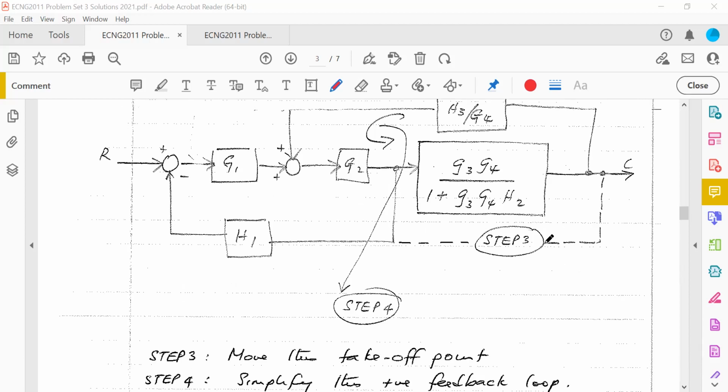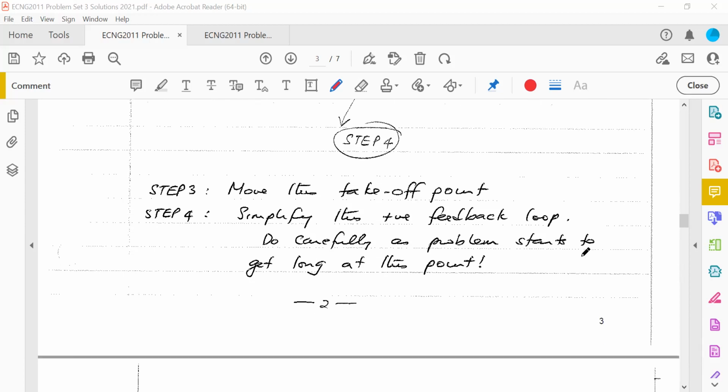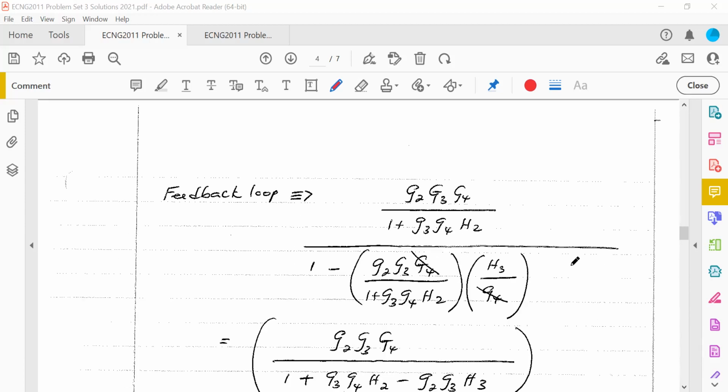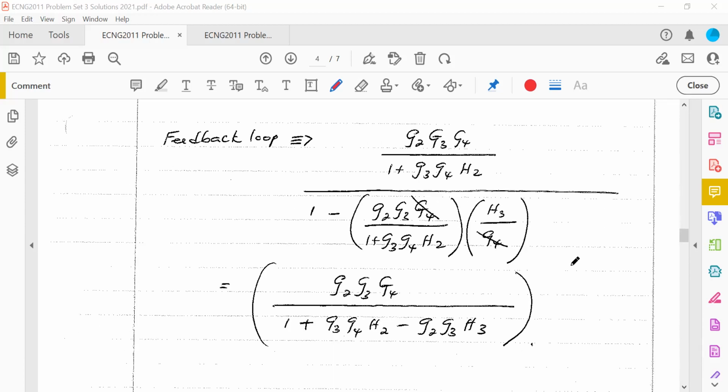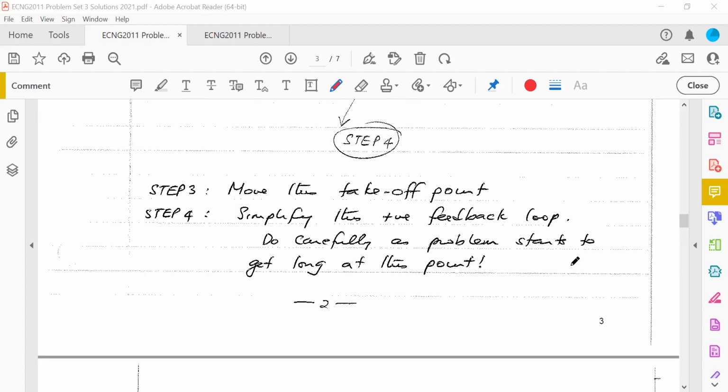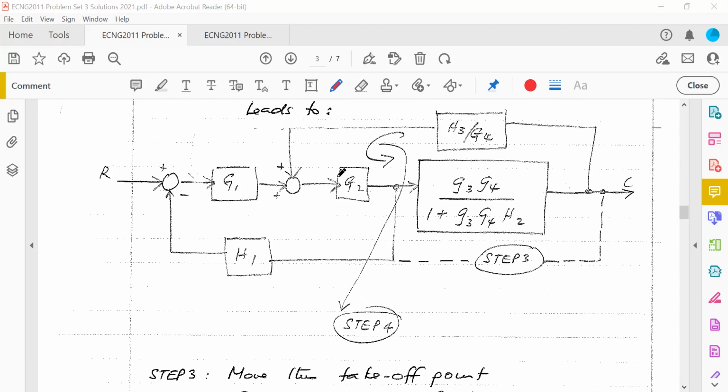Then you make this change, redo the simplification, and notice that the feedback loop is a positive feedback loop. Positive. So it's going to be, and what is a forward block in the loop? This is the forward block. This is the reverse path.